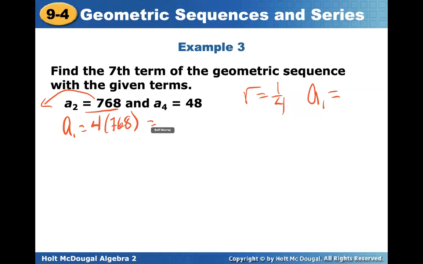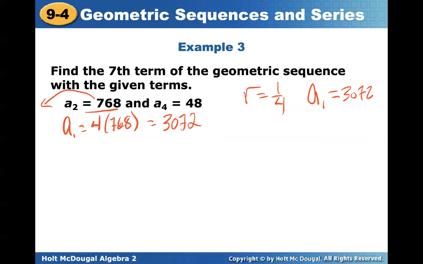I don't know what that is. 3,024? I don't know. Is that right? You guys have calculators, right? 3,072. Okay, 3072. So now we have everything we need. It took a little more time and know-how, but we have everything we need to find any term of this sequence.